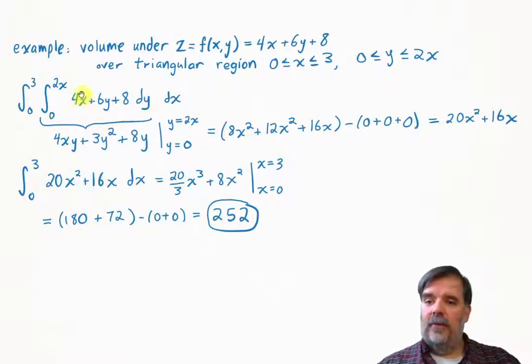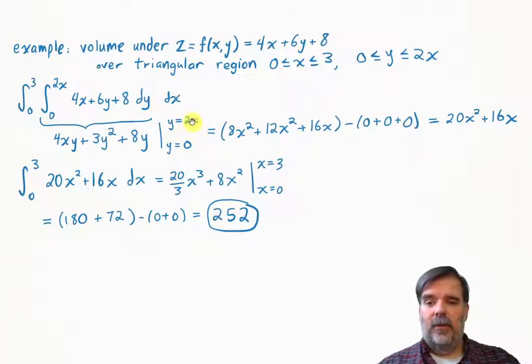The antiderivative of 4x is 4x times y. The antiderivative of 6y is 6y squared over 2, which simplifies to 3y squared. And the antiderivative of 8 is 8 times y. We want to evaluate this from y equals 0 to y equals 2x.